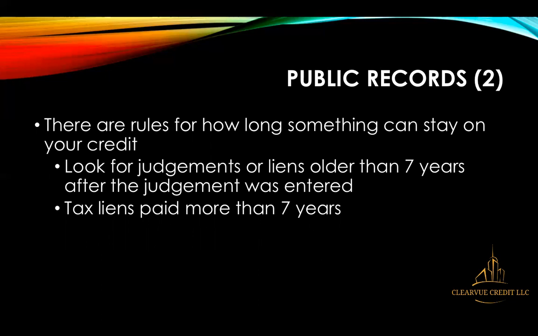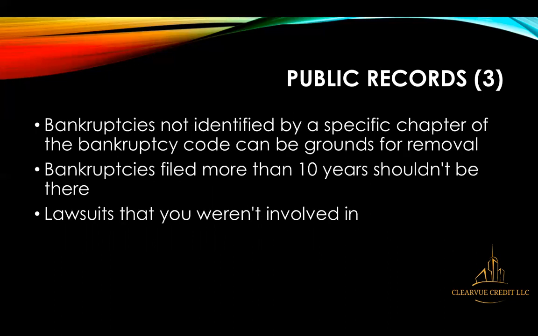Look for tax liens paid more than 7 years ago. Bankruptcies not identified by a specific chapter of the bankruptcy code can be grounds for removal. And also look for bankruptcies filed more than 10 years ago. They shouldn't be there. Also check for lawsuits that you are involved in.